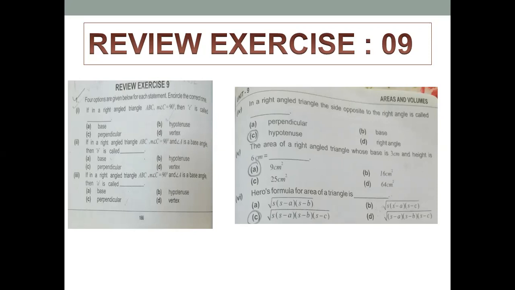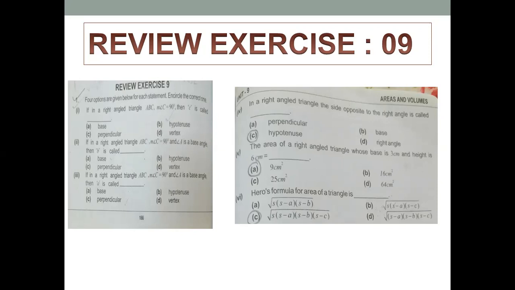The area of the right angle triangle whose base is 3 and height is 6 is 9 centimeters square. Hero's formula for the area of the triangle is the square root of S into S minus a, S minus b, S minus c.